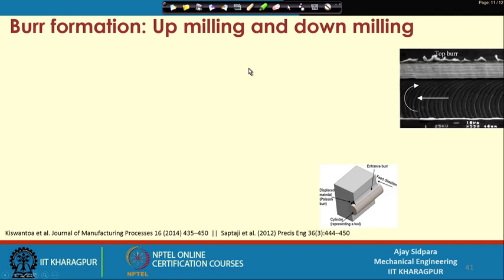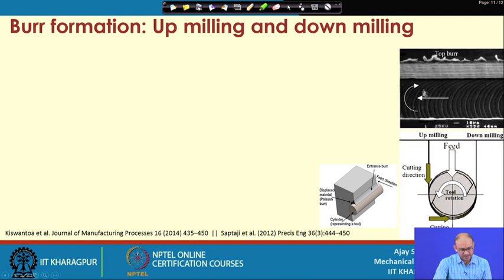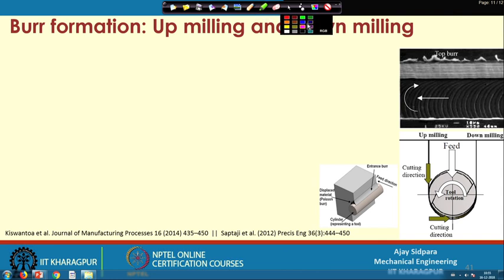right. And now the burr formation again in this case, now you can see, so this is the machine channel by a vertical milling cutter, and you can consider this is moving in this direction. Now, this is the cutter movement. So, let us draw the cutter here.